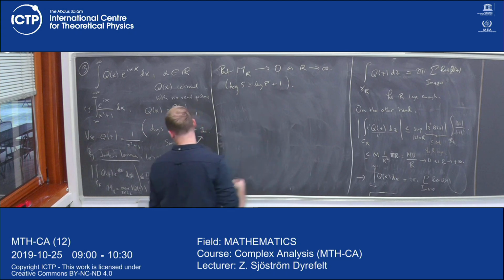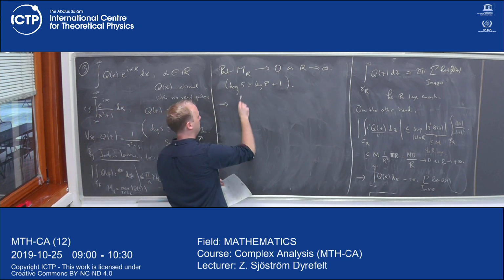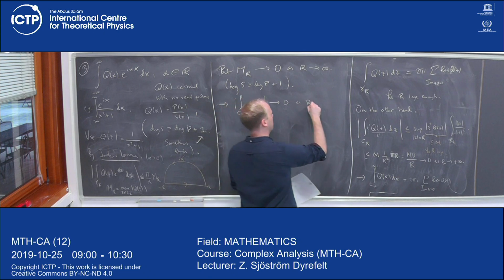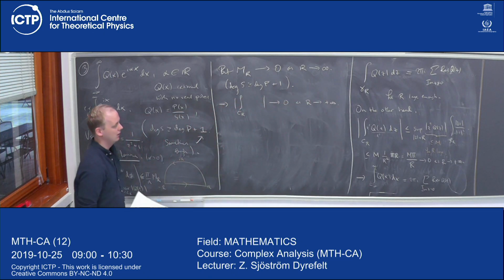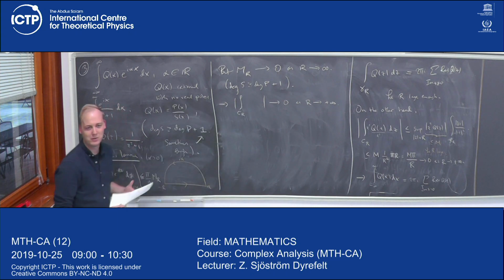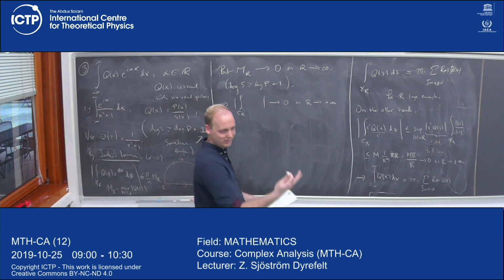So this thing goes to 0, and it means that the integral along C_R of this whole thing goes to 0 as R goes to plus infinity. If there is no ambiguity, you could be allowed to write things like this, at least for me in class, because I can tell you orally what I mean.